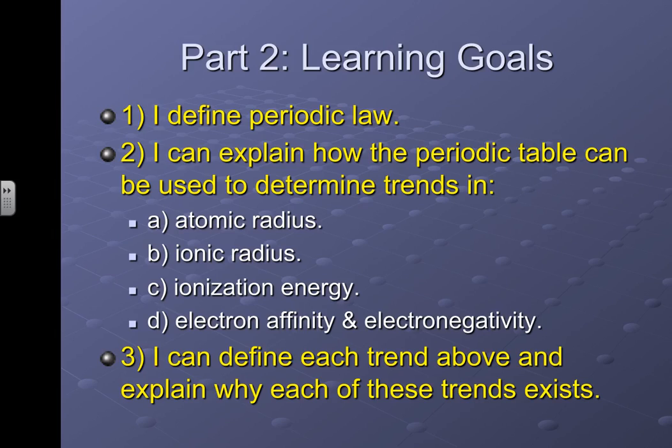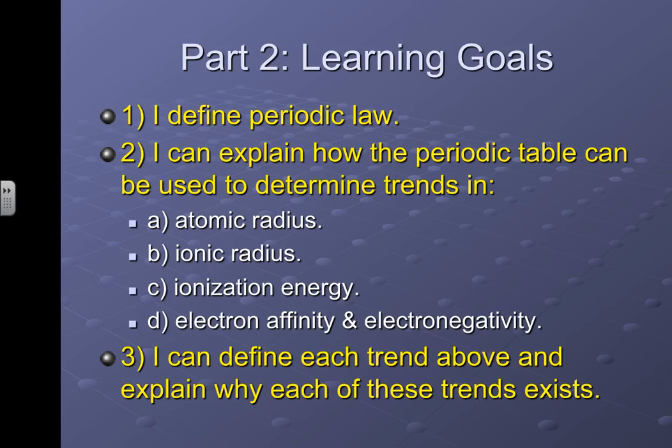There's a little different measure of the two, but essentially it's the same thing, same definition. And so notice in number 2, I'm asking you to determine the trend by using the periodic table. But in number 3, I'm asking that you need to define it. You need to know exactly what it is, as well as why the trend exists. And so that's where the big portion comes in.